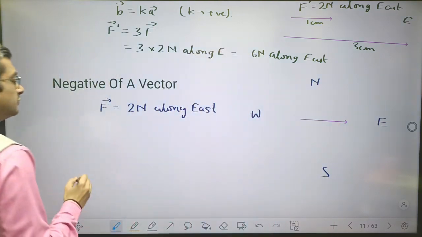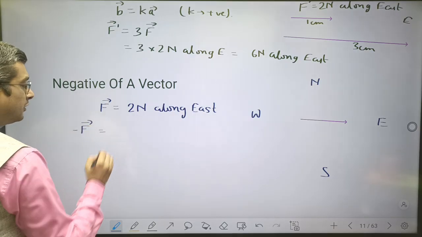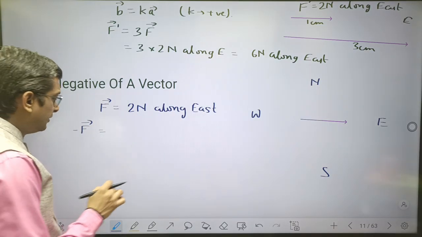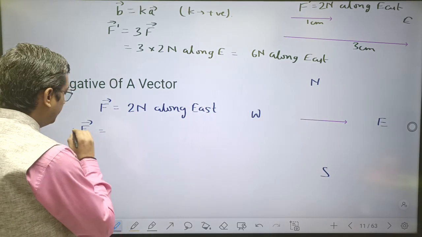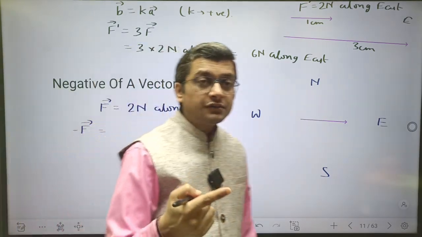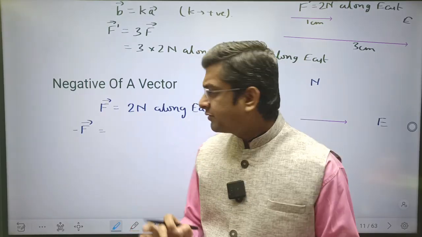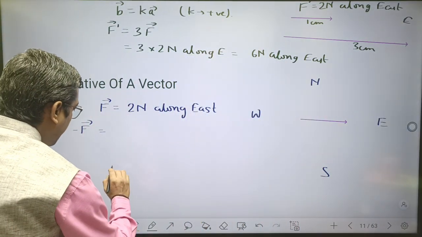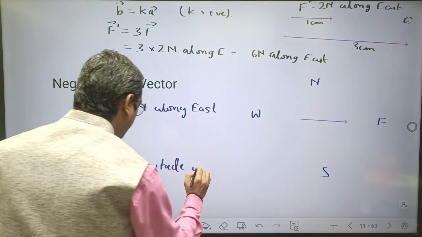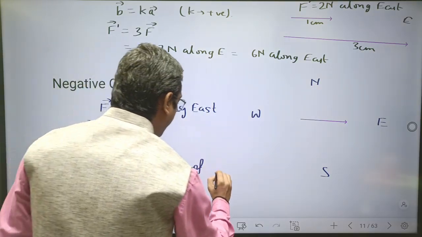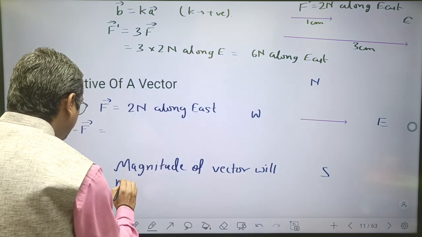Now if I say minus F vector, the very important concept is that this minus sign indicates the reversal of direction. Always remember, the magnitude of a vector can never be negative.